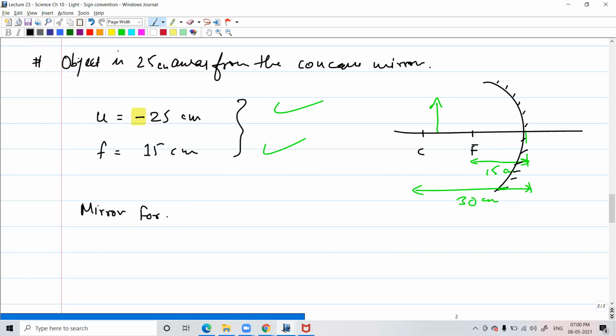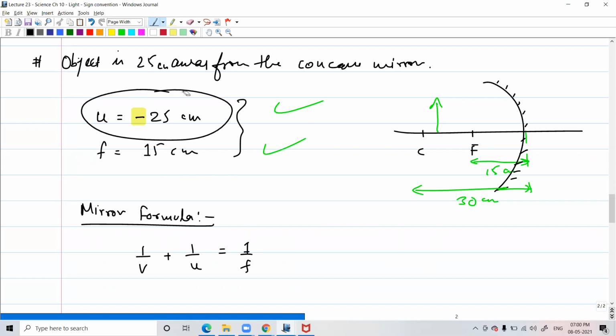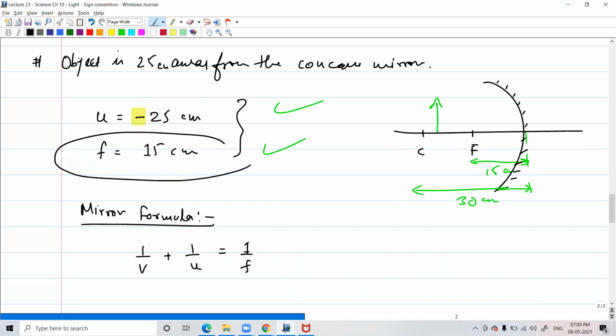So use the mirror formula. And remember, this sign convention is applicable not only for U or V, but for the focal length also. So for a concave mirror, is the focal length to the left or to the right?